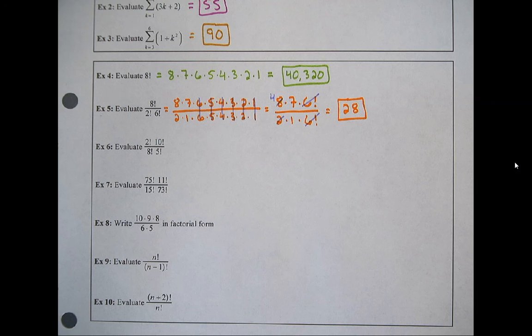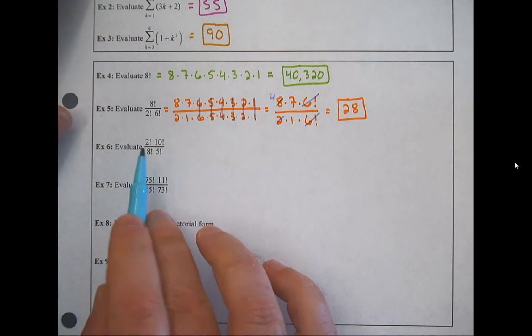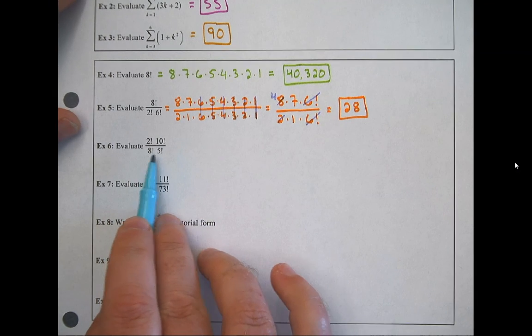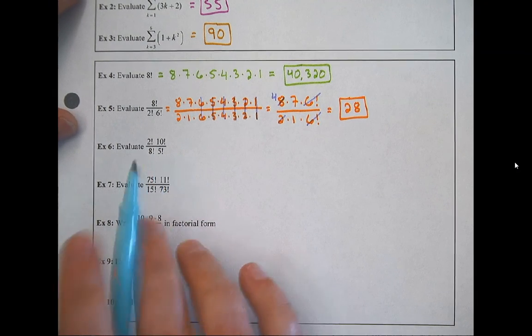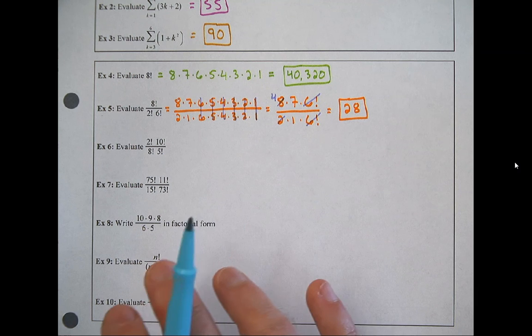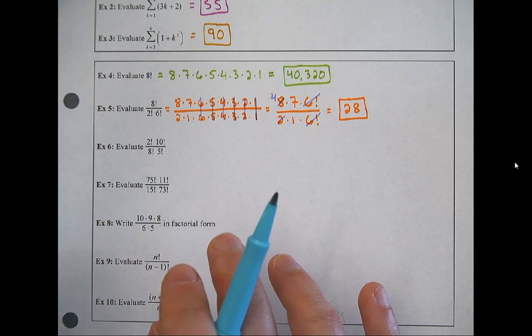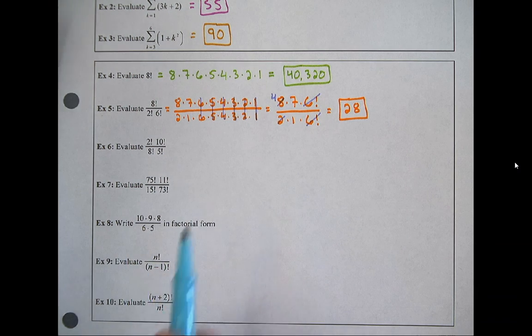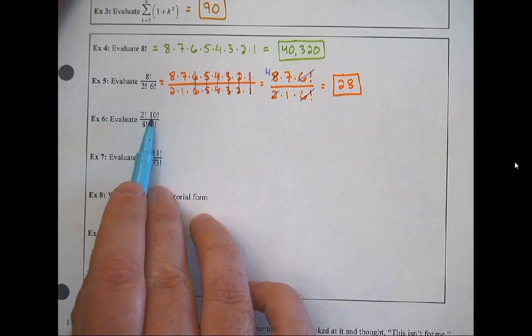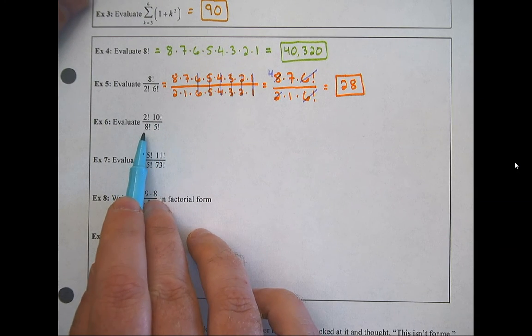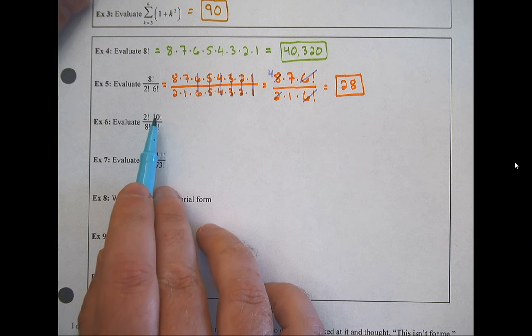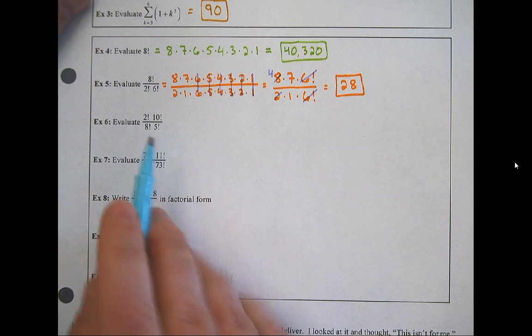So let's try 10 factorial over 8 factorial times 5 factorial, with a 2 factorial on top. My advice is you want to look at the biggest factorial on the top and compare it to the biggest factorial on the bottom. So on the top, I've got a 10 factorial. On the bottom, I've got an 8 factorial. So the 10 factorial contains the 8 factorial.